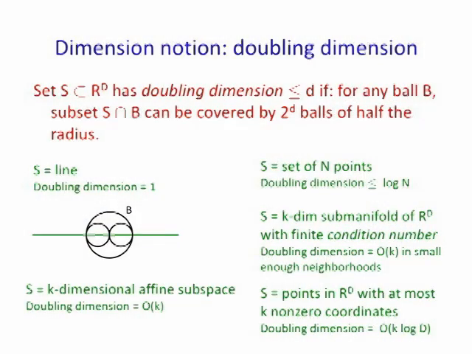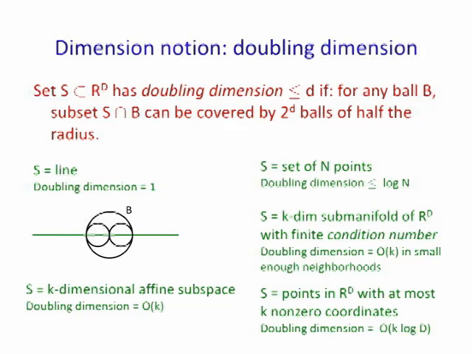We actually worked with a few notions, but one of them was this notion of a doubling dimension, okay? And so if you have a set in some high dimensional space, it doesn't matter what, we'll just say that it has doubling dimension little d if you look at any ball in space, and you look at the part of the set that lies in that ball, it can be covered by 2 to the d balls of half the radius.